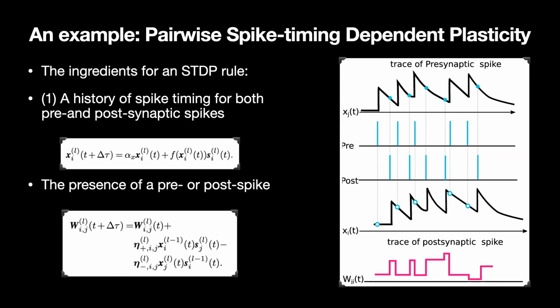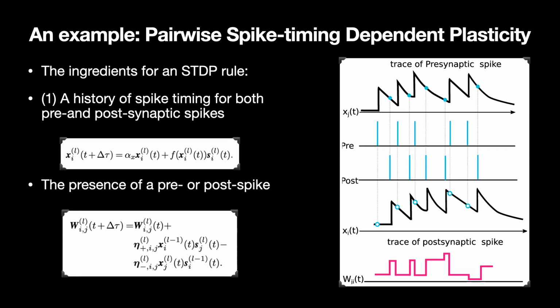And then let's look at the second equation there. W sub ij is the weight of neuron i connected to neuron j. And what's going to happen here is you have some eta, that fancy Greek symbol right there. You're going to have eta positive going from i to j multiplied by X sub i multiplied by S sub j.